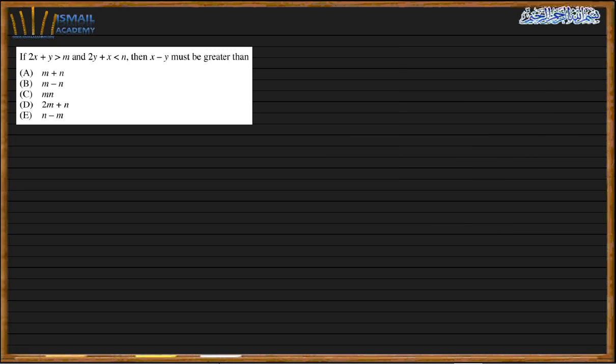All right, so here what do we have? We have 2x plus y is greater than m, and we have 2y plus x is less than n. They want to subtract, so I need to have a negative here. So I multiply here by negative. So this means I will have minus 2y minus x is greater than minus n, because when we multiply by a negative we switch the sign.